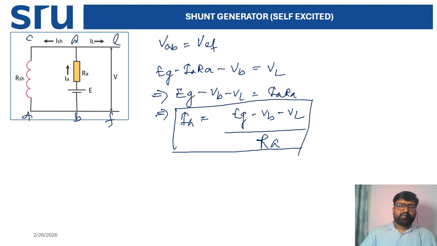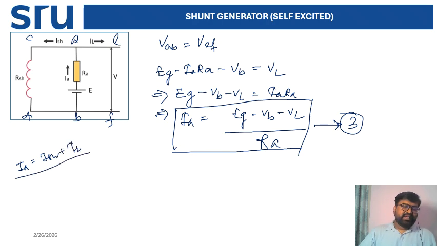This is the shunt generator, and these are the equations. One, we got the equation IA equal to ISH plus IL, the first equation. The second equation we get is ISH equal to (EG minus EB) by RSH.